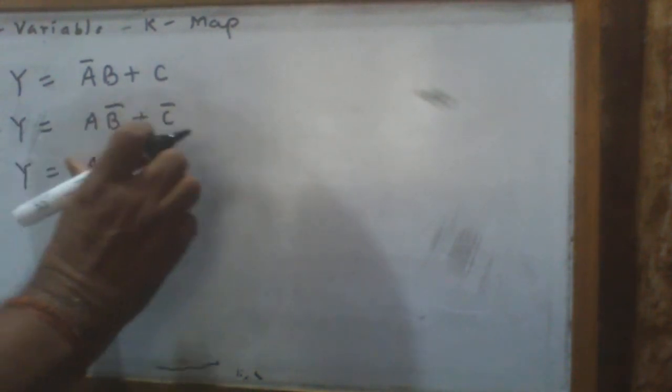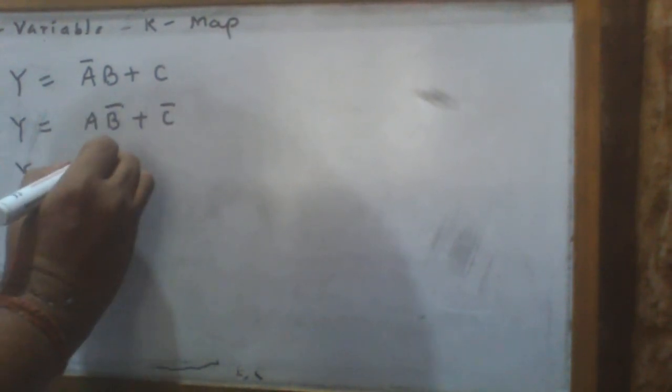The third equation is y is equal to B plus A bar C bar.